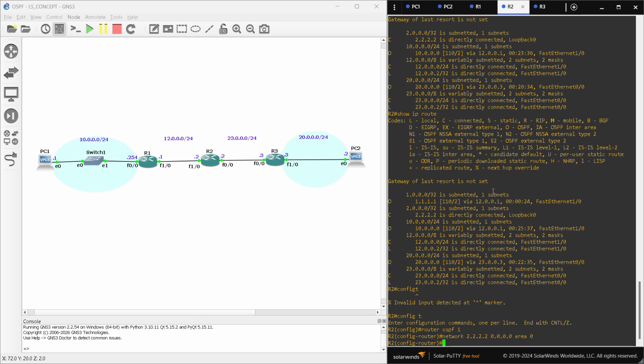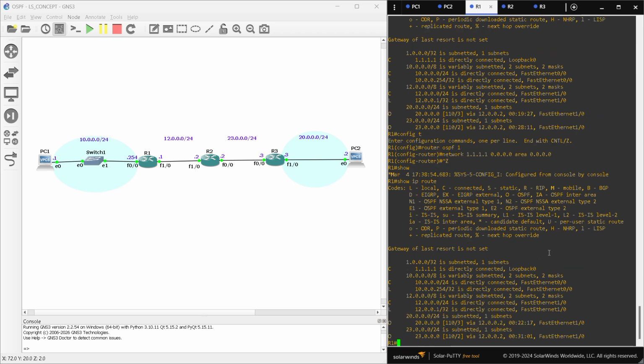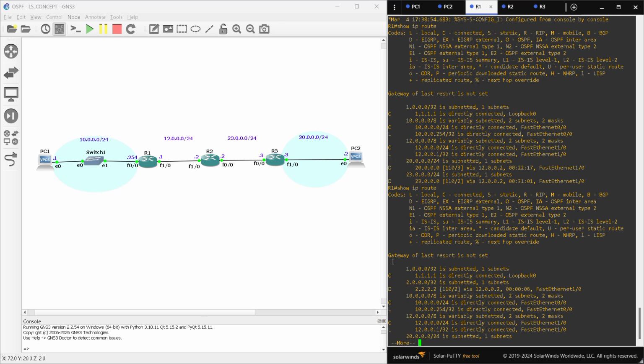After this, let's go and check. Initially we did not have any information about R2's loopback address, but now you can see we have it, learning via OSPF.